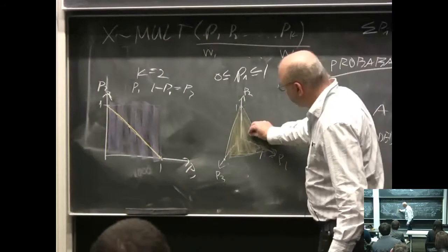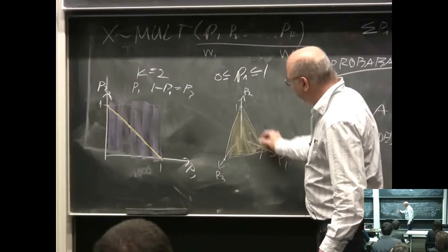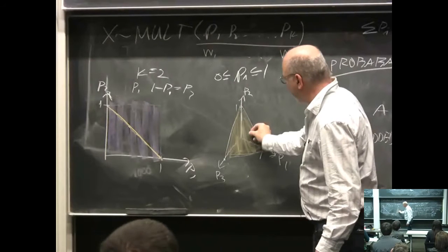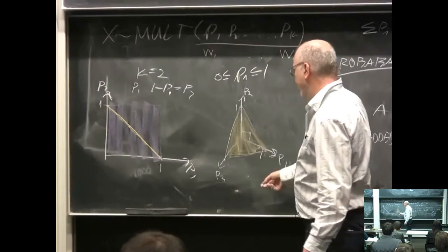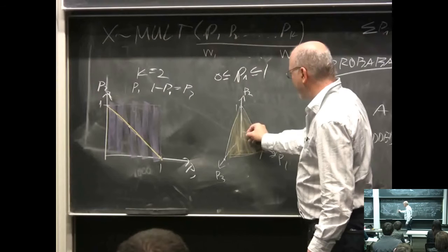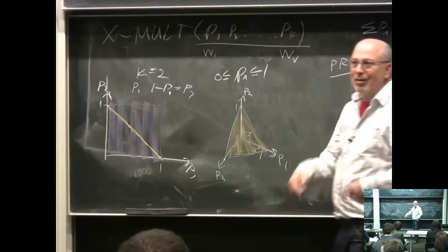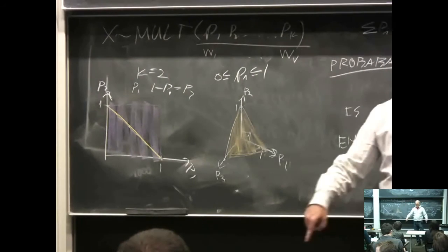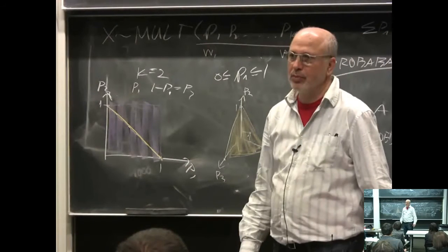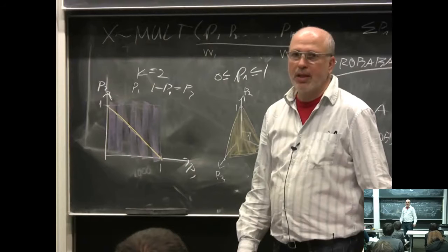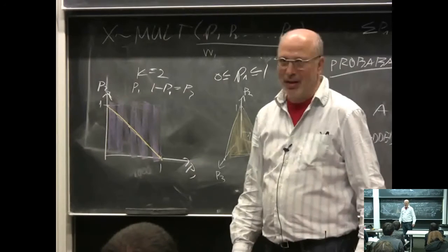And once you choose a point, you measure its dimension along P1, P2, and P3. Well, P3 is this way. I don't know how to draw it. But the coordinates, the projections, sum to 1. So this is the probability simplex for dimension 3.